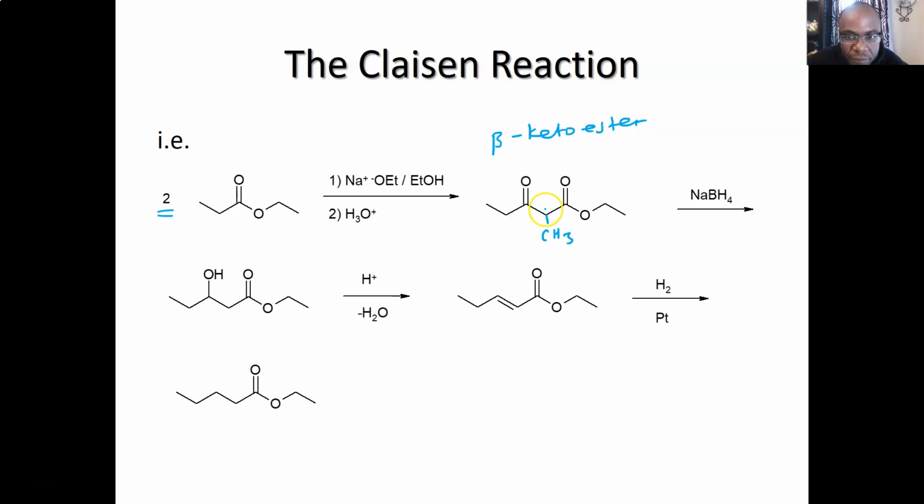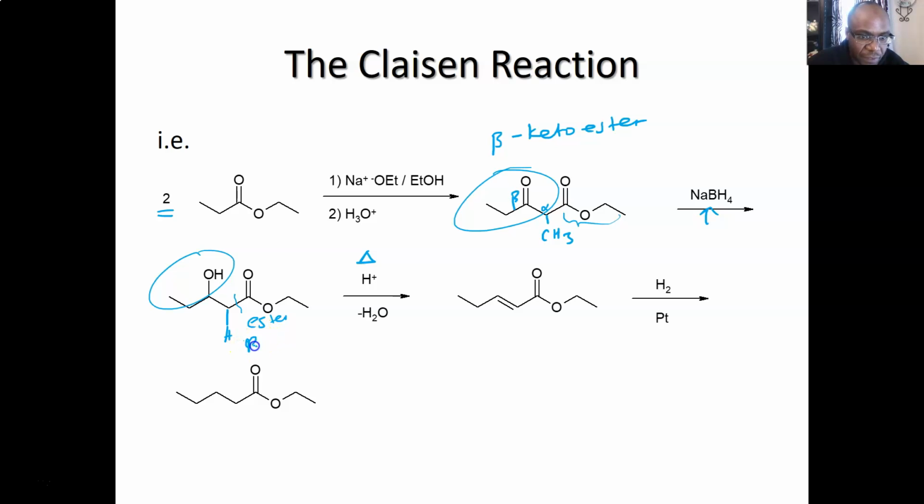It's beta because you have a ketone on the beta carbon, beta ketoester, there's an ester here. Only the ketone will be reduced by sodium borohydride, the ester will survive, and then by heating you can lose another alpha hydrogen.